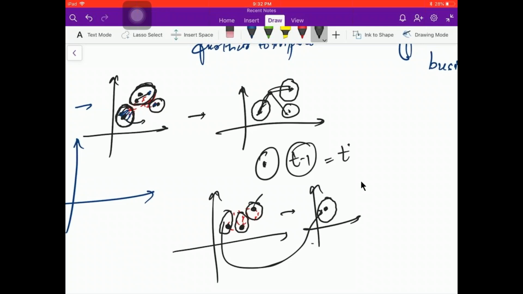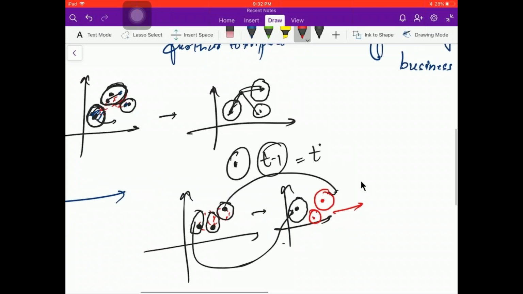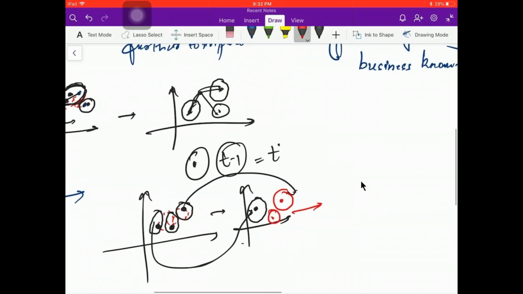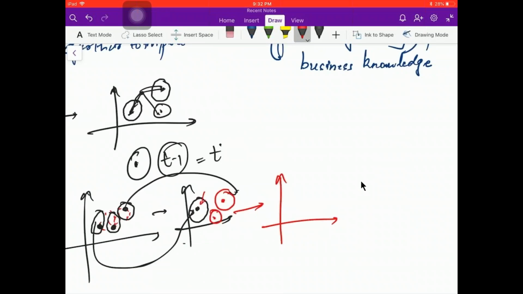Similarly for this. So this is an iterative process, and it will stop when the previous cluster centers and the tth cluster centers do not move at all. Okay, so we'll continue this in the next class.